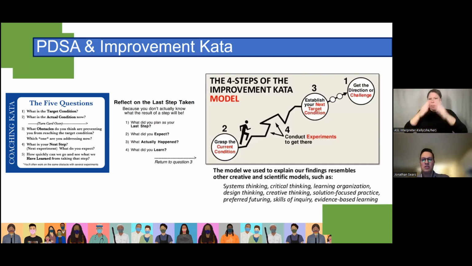So there, we use PDSA, Plan, Do, Study, Act. We also use improvement kata and coaching kata, which are visualized here on the slide, to track and embed continuous improvement within all of our improvement work. So this is a core part of our lean management system that we're building across CDPH to track, sustain, and truly pursue continuous improvement, and as we say within CDPH, pursue perfection for our processes.